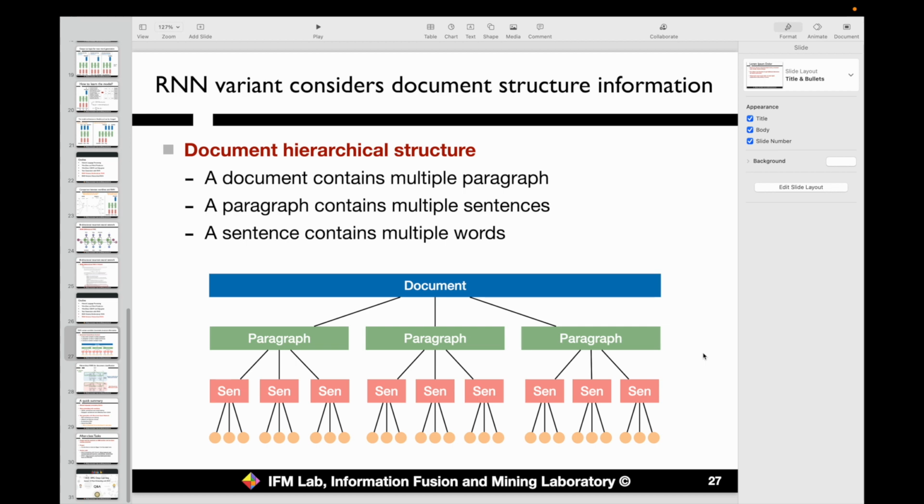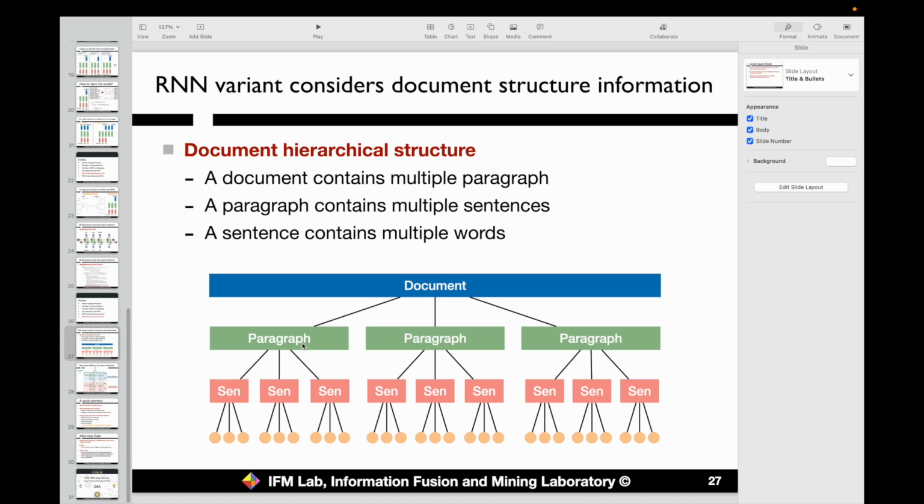The main reason is, if you have ever written some novels or articles, you know that normally paragraphs which are close and nearby have very strong correlation with each other. However, sometimes, if we have a very decent organization of the article, some paragraphs which are far away have even closer correlation with each other.